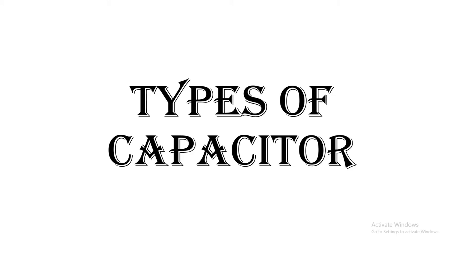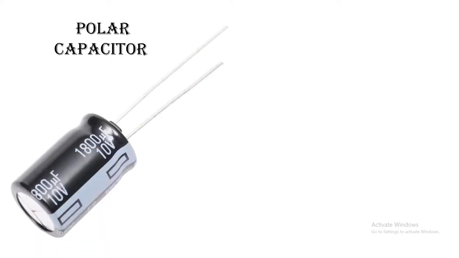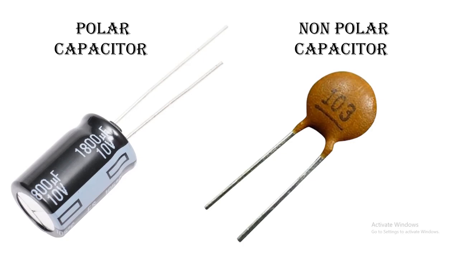Types of capacitor. There are mainly two types of capacitor: polar capacitor and non-polar capacitor. Polar capacitors are those which have polarity, meaning a positive and negative side, while non-polar capacitors are those which do not have polarity, meaning no positive and negative sides.